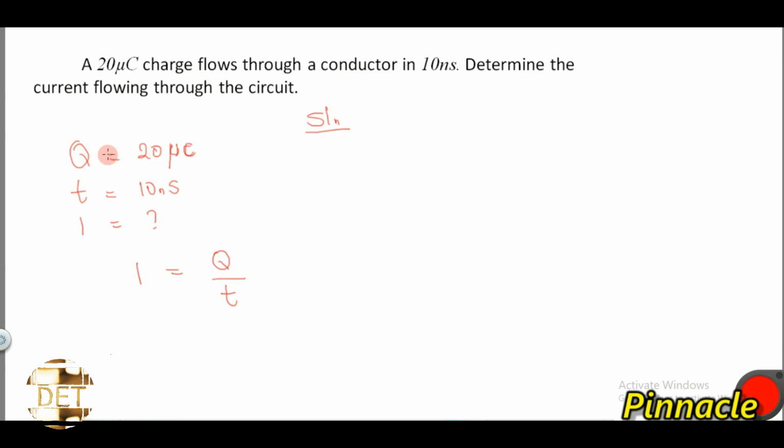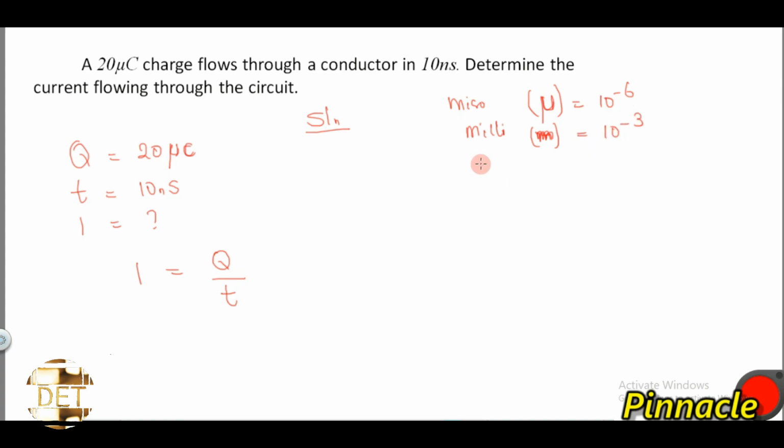It's very important that we know this: in mathematics, micro in number means 10 raised to power minus 6. This is micro, and this is the symbol for it. Milli, the symbol for it is small letter m, and the value for it is 10 raised to power minus 3.